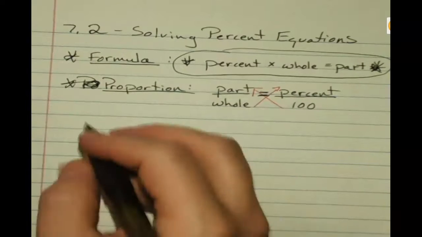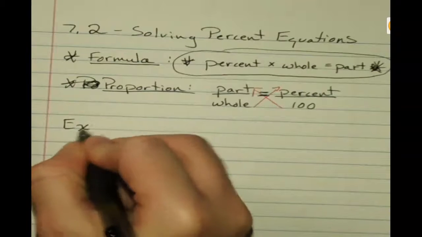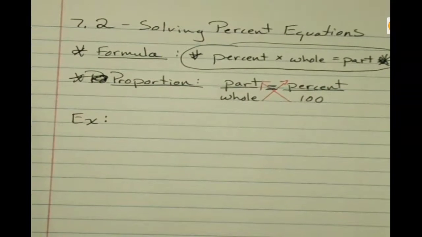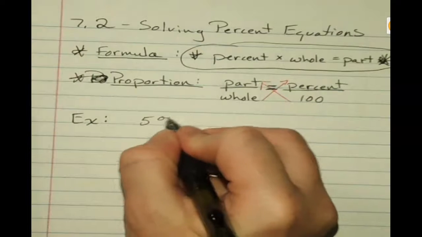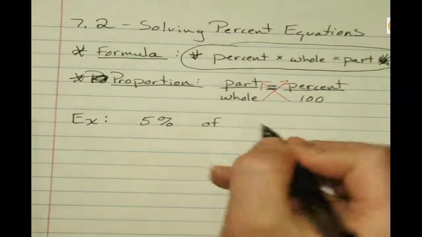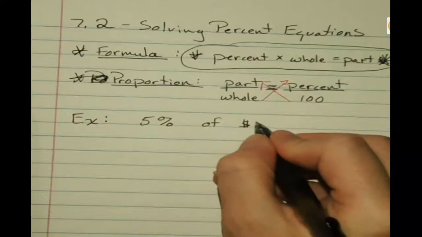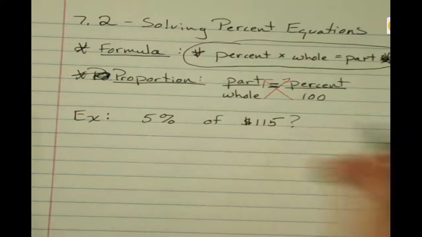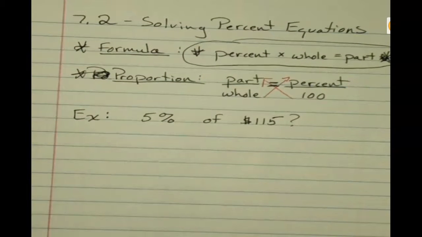For example, let's say the problem is 5% of 115. What is 5% of 115?